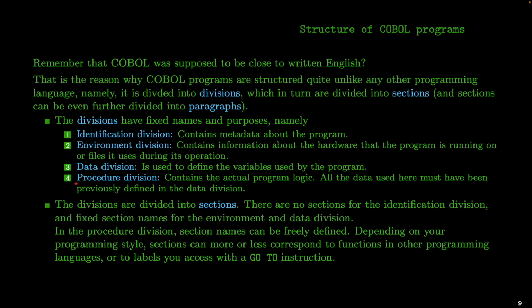In the procedure division, where the program logic resides, we can define our own sections, so we can choose the section names freely. We can use these sections in the way that we would use functions in other programming languages, or as labels for go-to instructions, or simply as markers to logically structure our program for readability.